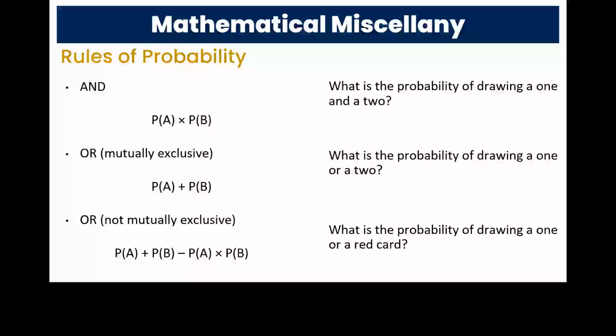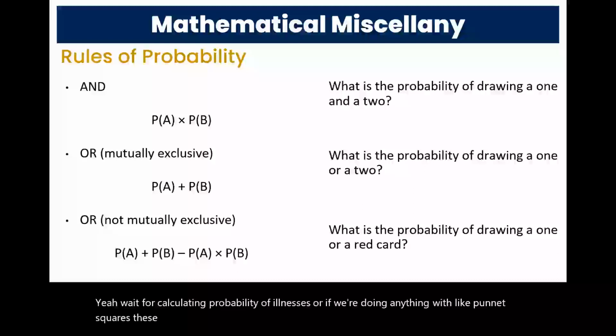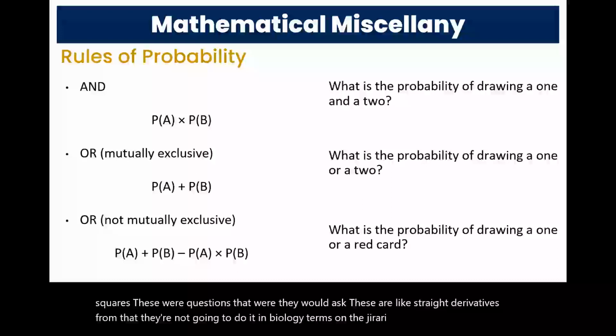Yeah, if we're calculating probability of illnesses, or if we're doing anything with Punnett squares, these were questions they would ask. These are like straight derivatives from that. They're not going to do it in biology terms on the GRE, but it's very analogous to that.